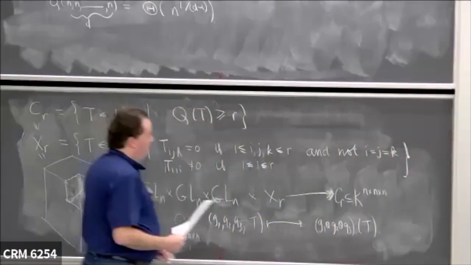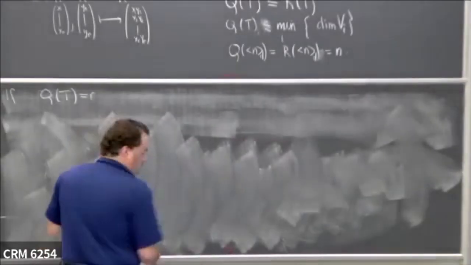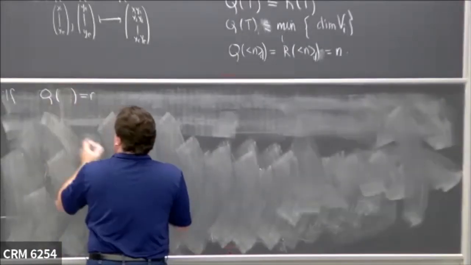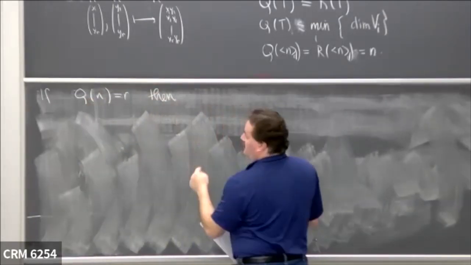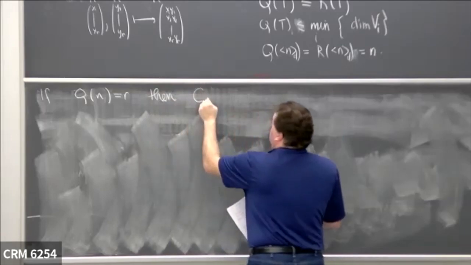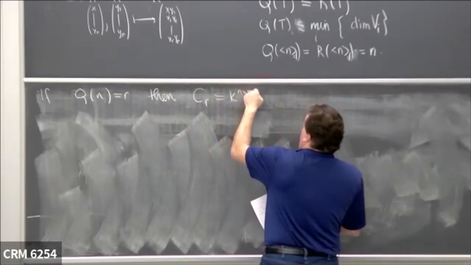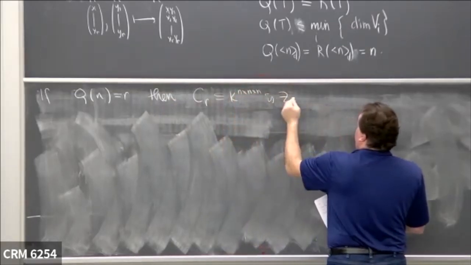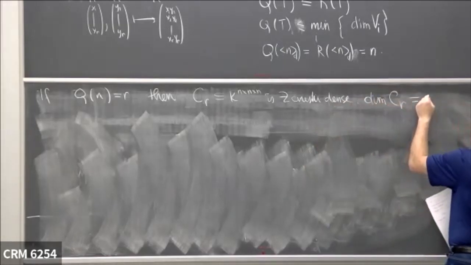And if the subrank of T is R, sorry, Q of N, then C_R is Zariski dense, and the dimension of C_R is equal to n cubed.